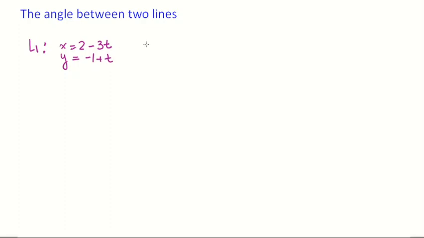Obviously t is a real number. And I've got a second line. My second line is described by x equals 1 plus 2s, so it's just a different parameter, and y equals -4 plus 3s. Alright, so those are our 2 equations.